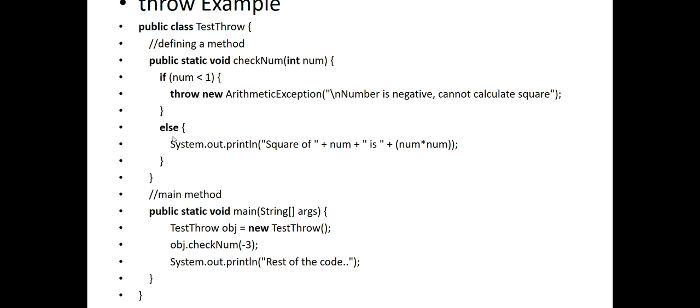It will throw an arithmetic exception, number is negative, cannot calculate the square, and control passes to the statement where we invoked the method checkNum and exits the program. So it will not print the rest of the code and will just give the output: number is negative, cannot calculate the square. So this is the concept behind the throw keyword.